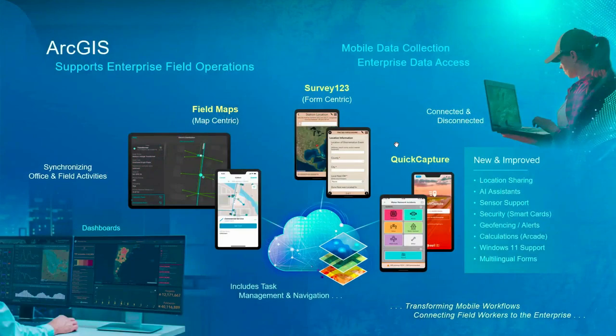Anyway, I can not only know where I'm at in the building, but also I can navigate. I can do little routing like you do in a commercial routing system. Lots of new work going on here, and also in the field world. Many of you use things like Field Maps or Survey123 or QuickCapture to capture information.